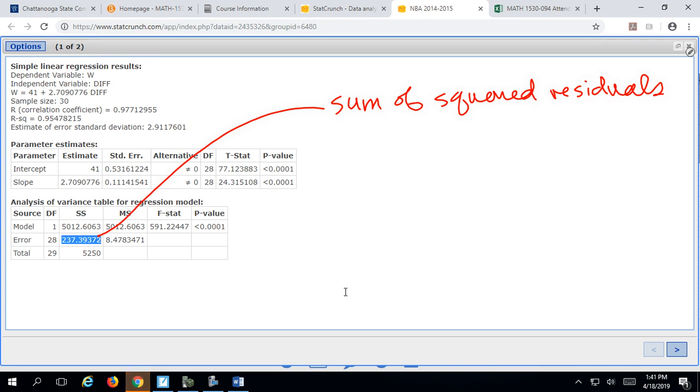You also get here the regression equation. Instead of x and y, it actually gives it to you in terms of the variables. So instead of y hat equals 41 plus 2.709x, it says w for wins and differential for x.